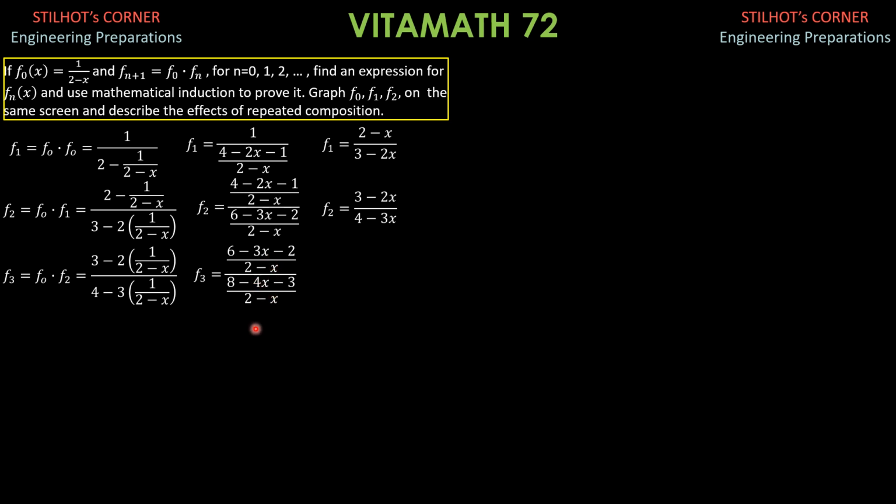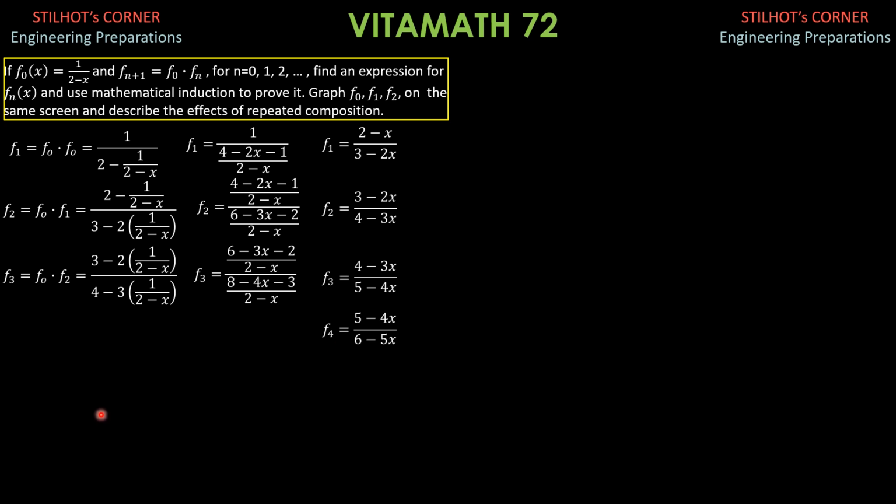So we cancel 2 minus x, so it is indeed 4 minus 3x all over 5 minus 4x. So we predict F4 without further using this preceding substitution, that F4 is 5 minus 4x, the denominator here, all over 6 minus 5x.